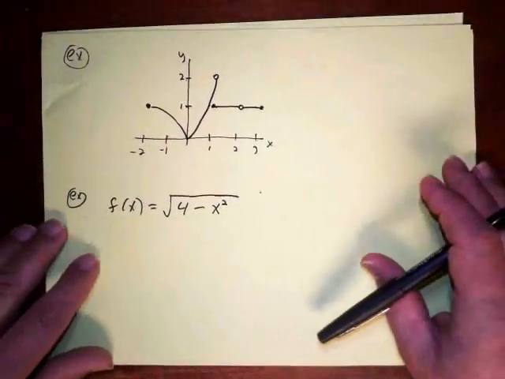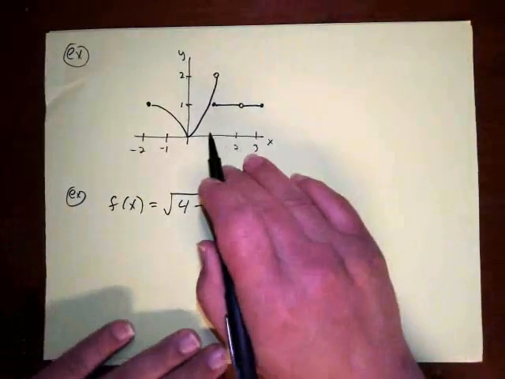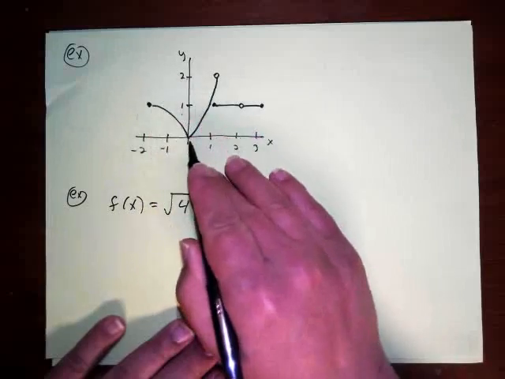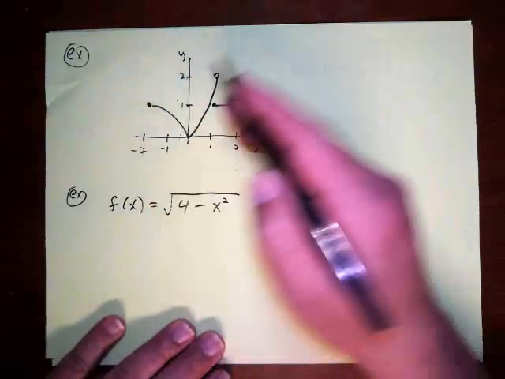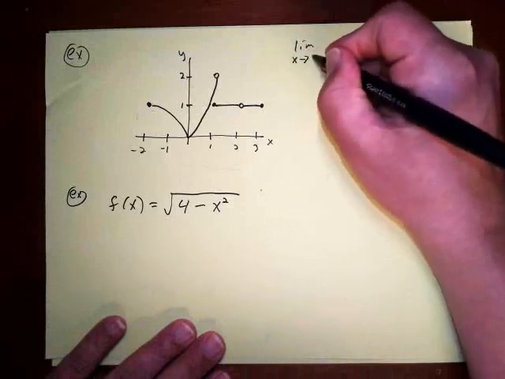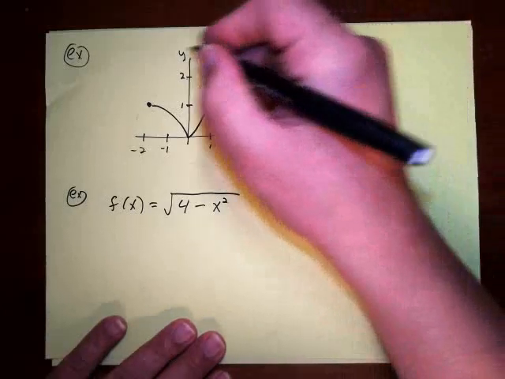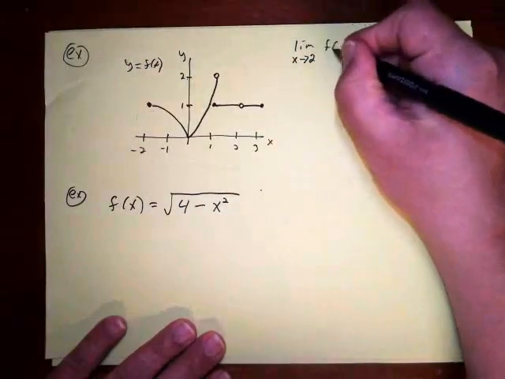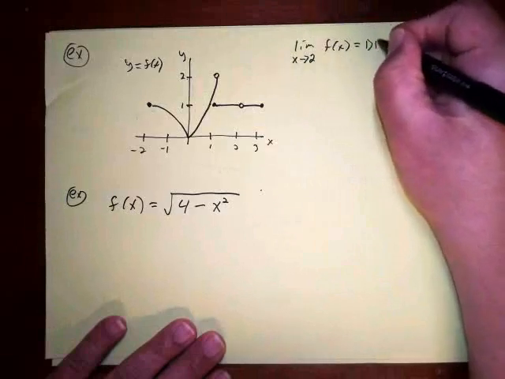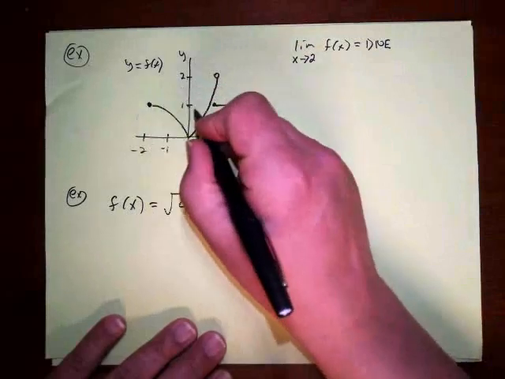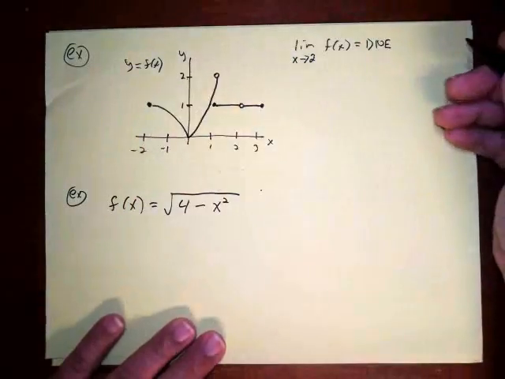Okay? So then let's try a couple examples here. We could do a whole bunch of limits. Like here at -2, it looks like this is where this strange function begins. If I took the limit as x approaches 2, and we'll call this y equals f of x, I would have to say that this does not exist, because even though it's approaching 1 from the positive side, it's not approaching it from the negative side.